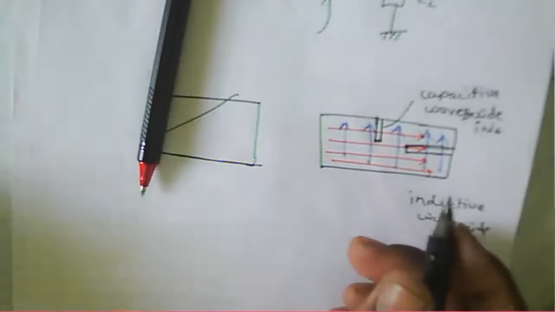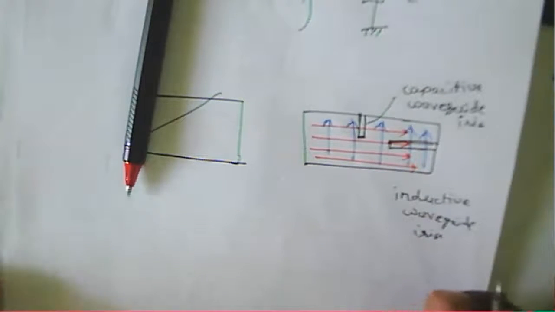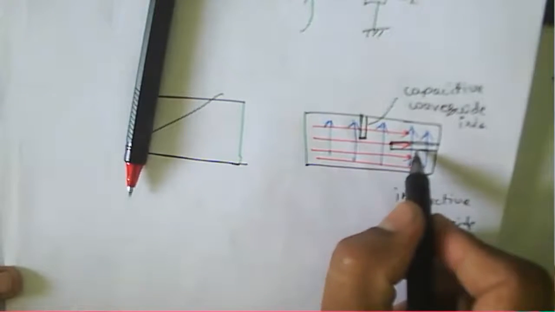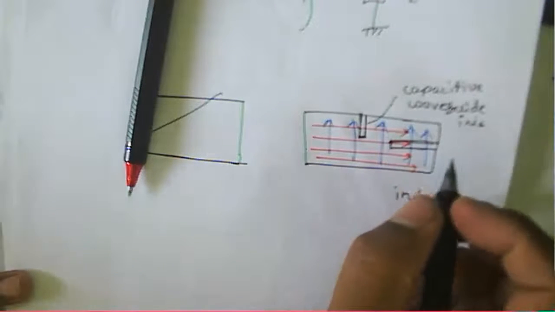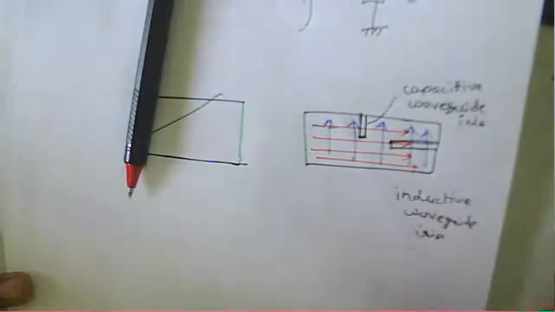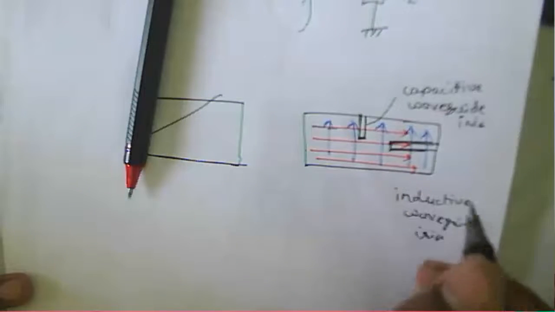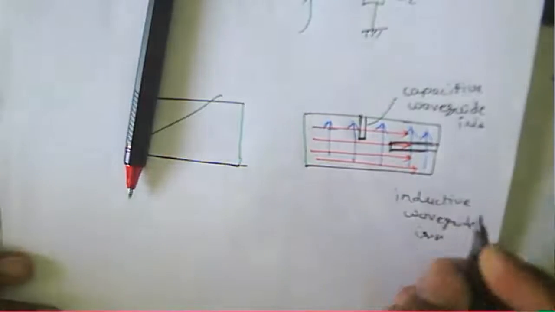For a given condition, if the iris is placed in a magnetic field, it is an inductive iris. If it is placed in an electric field, it is a capacitive iris.